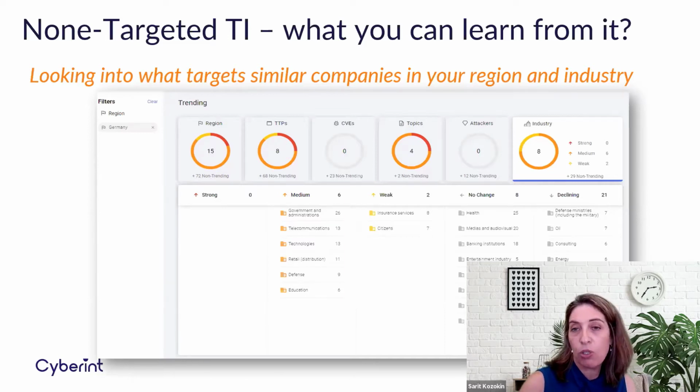You can also look at a specific industry by looking at keywords and others in order to see which industries are more targeted. So we see a medium strength of trending around defense or telecommunications in Germany. And again, you can also drill down in other directions, looking at TTPs or at specific topics. So you can learn a lot from that on what's coming up and how you should prepare.